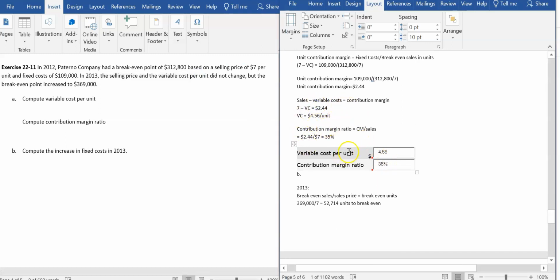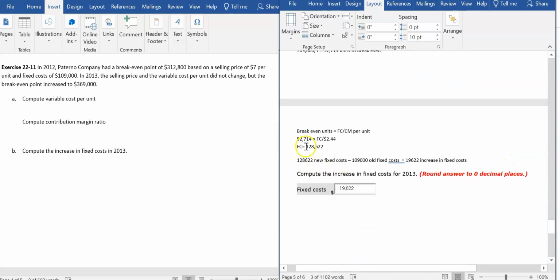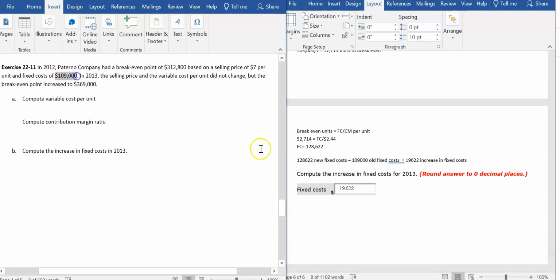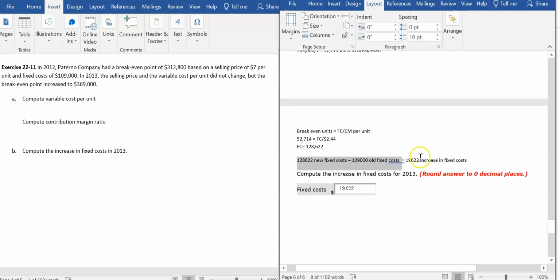So the contribution margin per unit remained at $2.44. I can then solve for the unknown by multiplying both sides by $2.44, resulting in fixed cost of $128,622. If 2013's new fixed costs are $128,622, last year's fixed costs, recall, were $109,000, there had to have been an increase in fixed costs of $19,622.